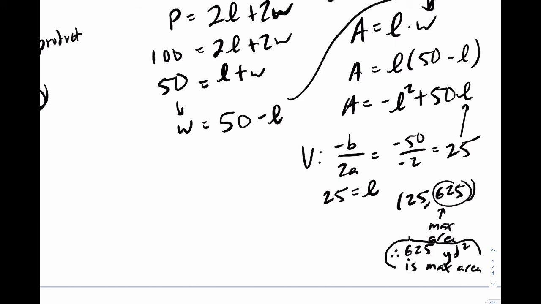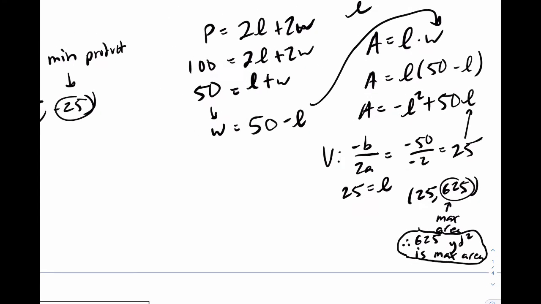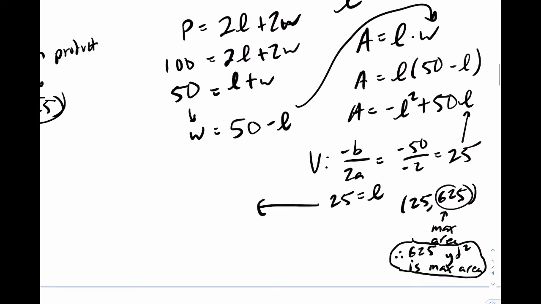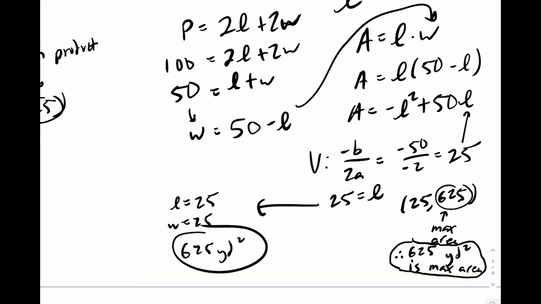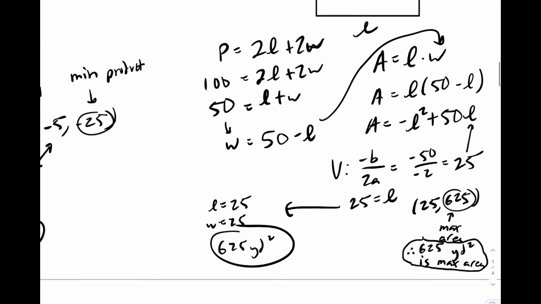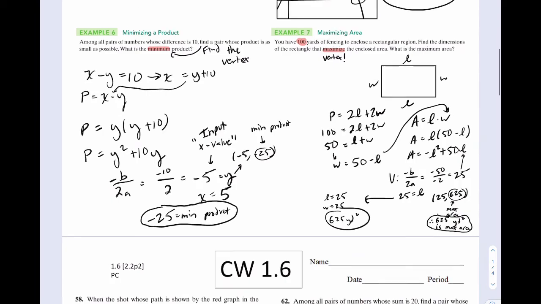Right, so we could do it that way. Or we could just kind of use common sense. If L is 25, we know that the width is 50 minus L. So the width is also 25. So multiply that together, 625 yards squared is our answer. Okay, so that's it. So let's work on some practice problems.